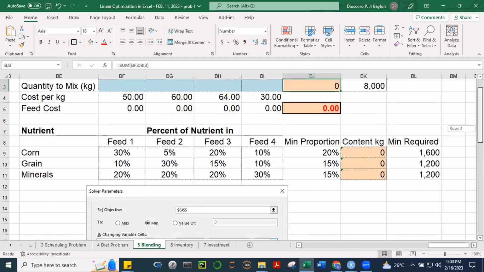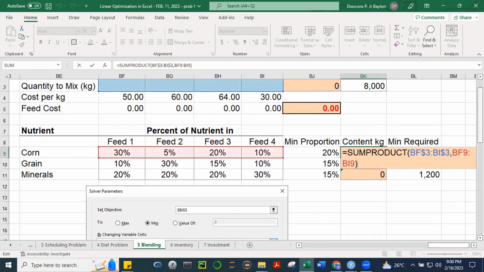And we also have the left-hand side for the weight of the corn, of the grains, and the minerals. Okay, so we have this given. And then I wrote here the minimum proportion. Corn should be 20%, grain should be 15, and the mineral should be 15. So how do I get the content?